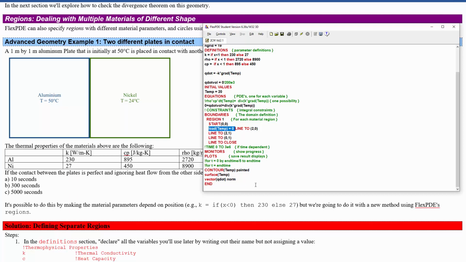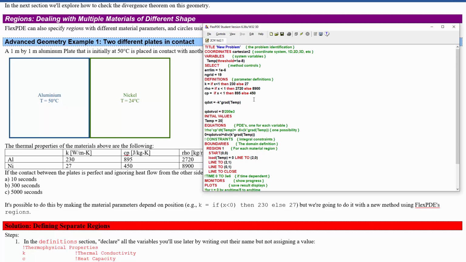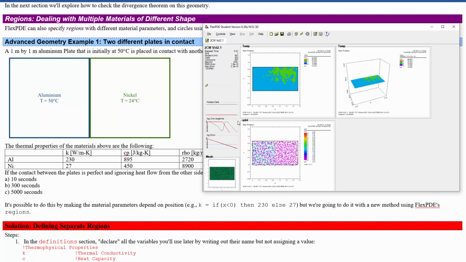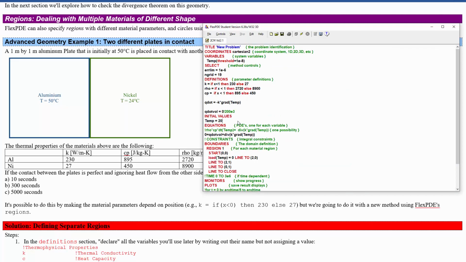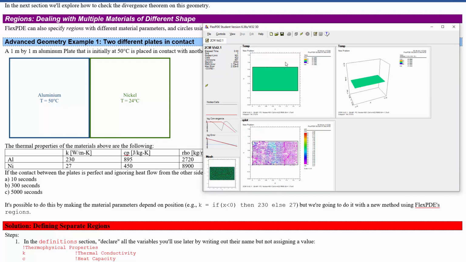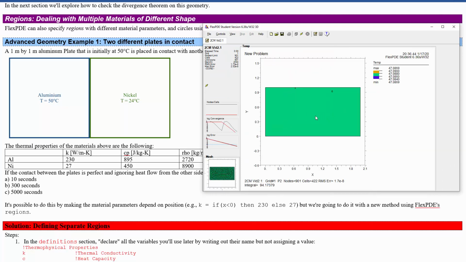This flux of temperature is equal to 0. All right, so if they start off at an initial temperature of 20, we expect nothing to happen because there's nothing driving them. But we'll say the temperature is equal to, if X is less than 1, then 50, else 24. Now the steady state temperature is also quite uninteresting, maybe a little bit interesting. We end up at 47.